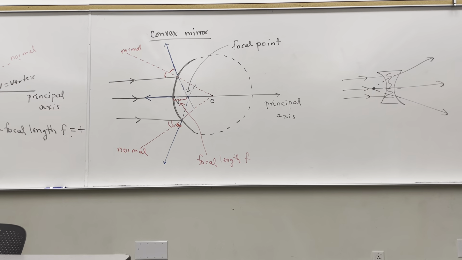So, number 2, the object distance S. So this is actually quite simple. It's simple because it's the same rule for whether it's a lens or a mirror, and I don't care if it's a convex or concave lens or mirror.